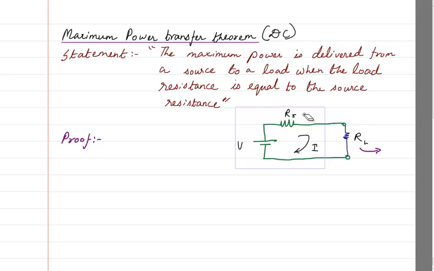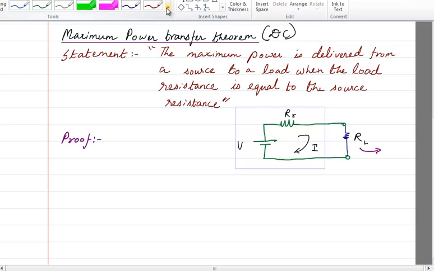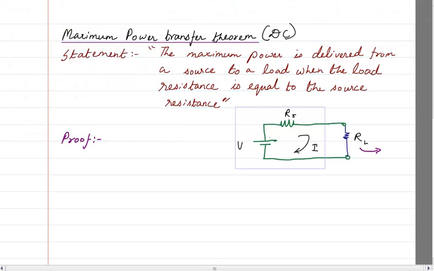So now let us prove it. For proving it, we are going to assume that there is a source resistance Rs and there is a load resistance RL and there is a power giving source V.